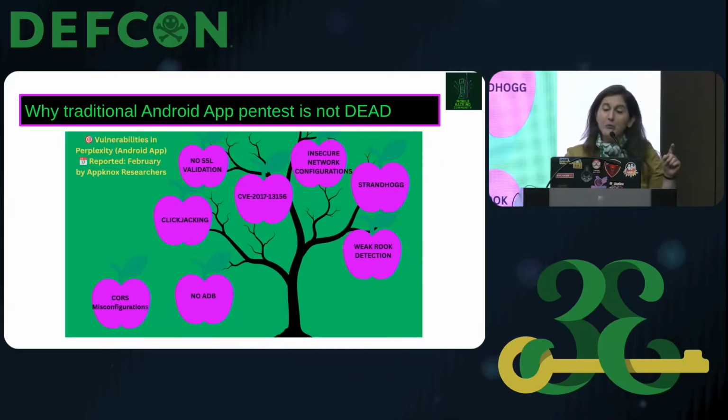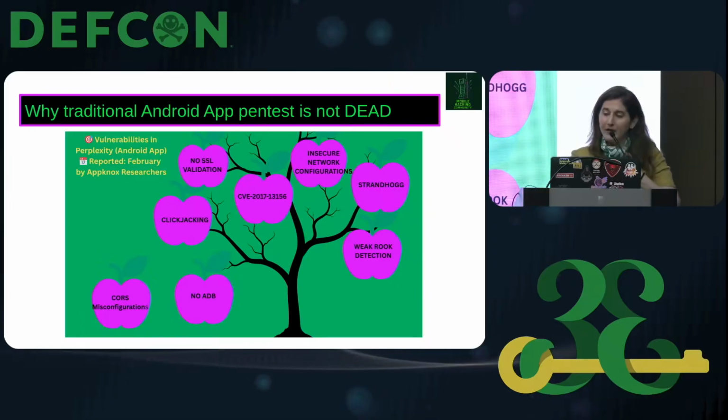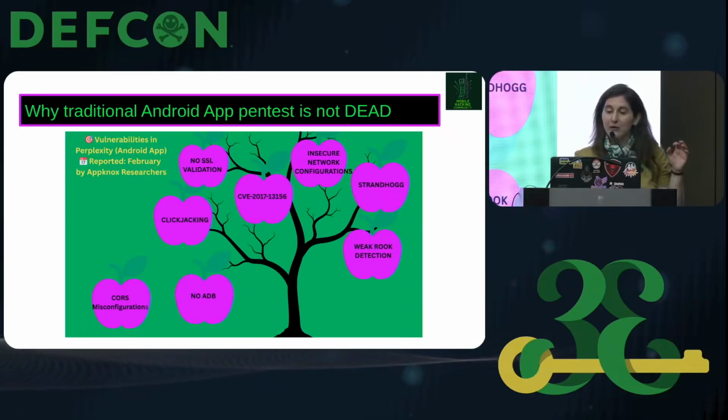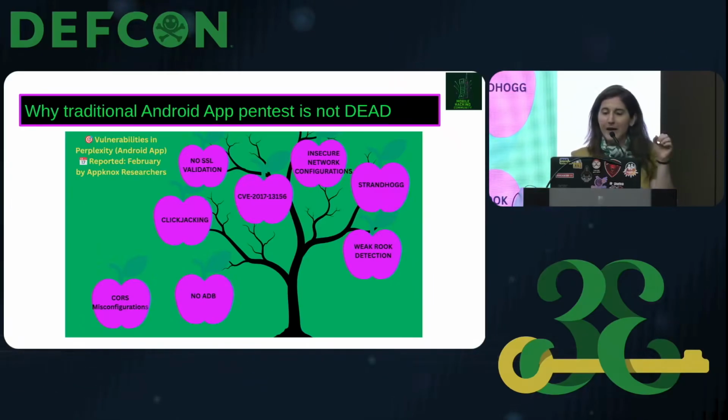One other important thing I wanted to mention is that traditional Android app pentest is not dead. Woohoo! In this slide, I used another research that shows that traditional vulnerabilities can still be found in AI apps. I don't know if any of you read a paper that was done by AppNox, but they were able to find classical Android vulnerabilities in the DeepSeek Android app and the Perplexity Android app.